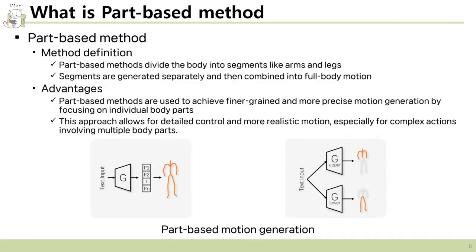This method is particularly useful when dealing with complex motions that involve multiple parts of the body moving simultaneously or in coordination. For example, think about dance moves, athletic performance, or martial arts sequences. By generating each part separately, you can achieve much finer control over the details of each movement.